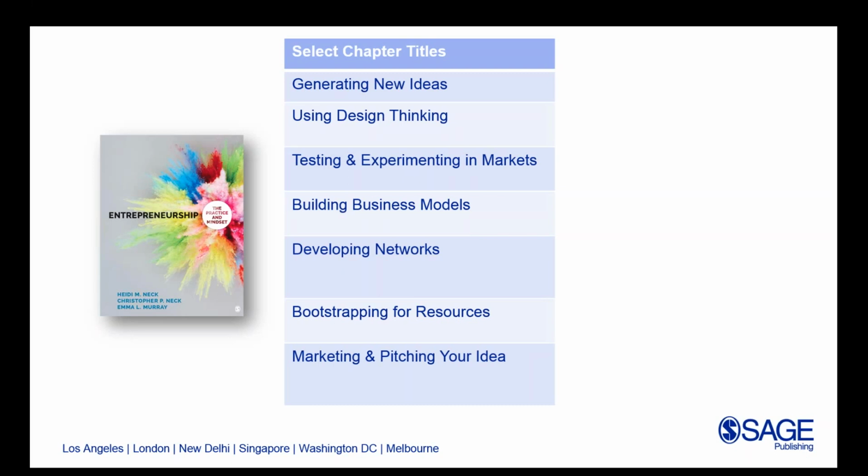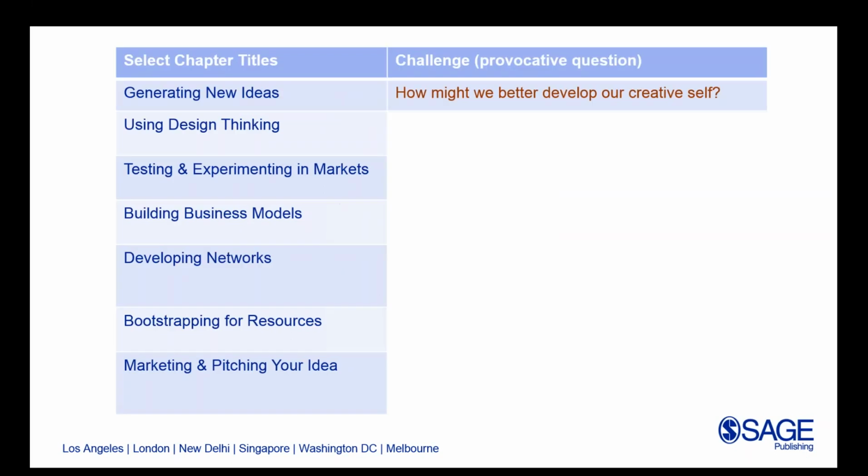So let's take a look at some of these chapter titles. Instead of just saying the topic of the day is generating new ideas, it's really about how might we develop our creative selves. And it's not just about using design thinking, it's about how might we create solutions to meet the needs of customers. It's not just about testing and experimenting in markets.